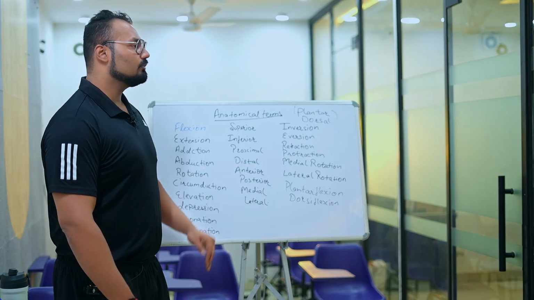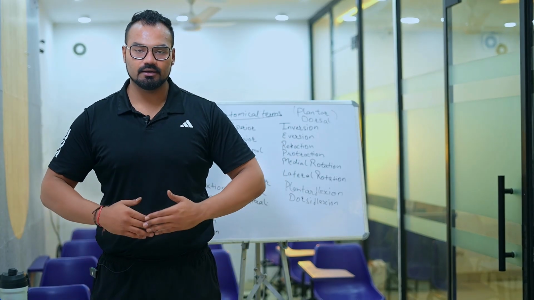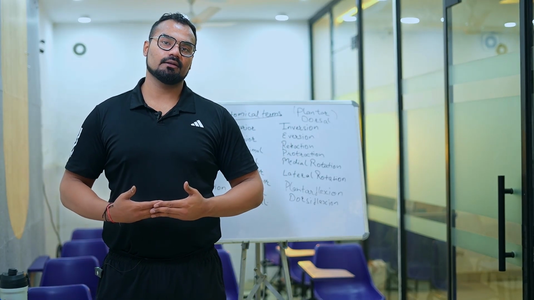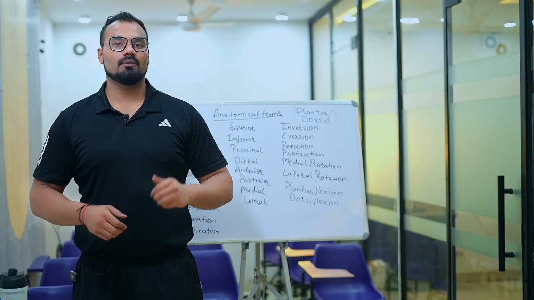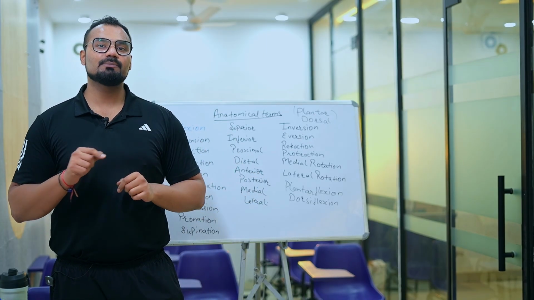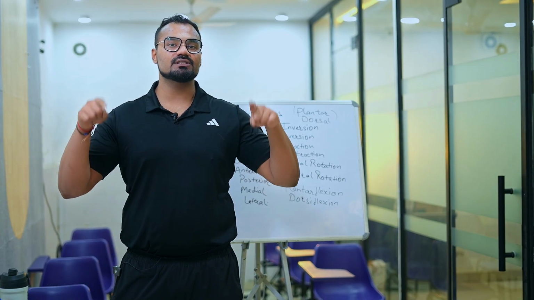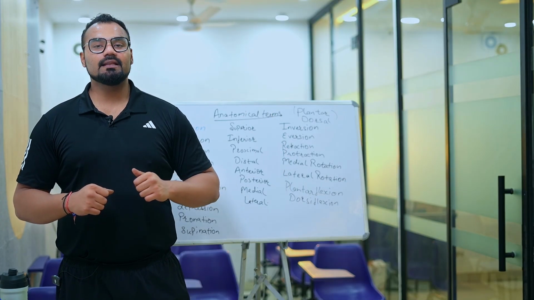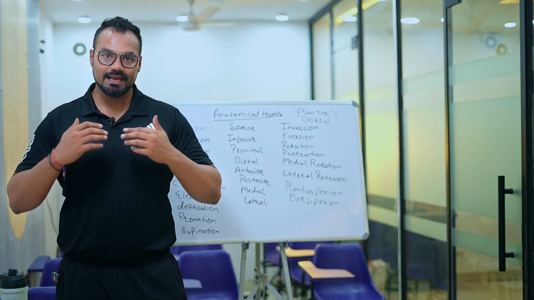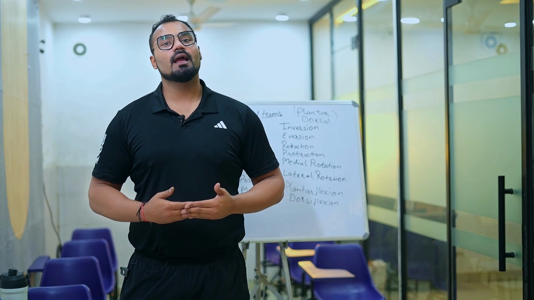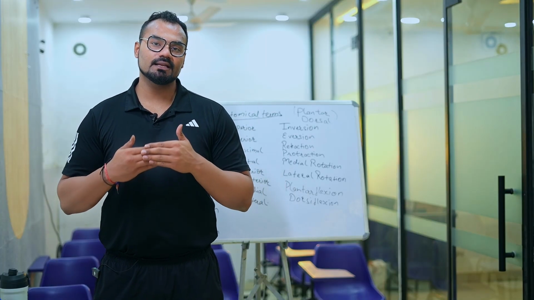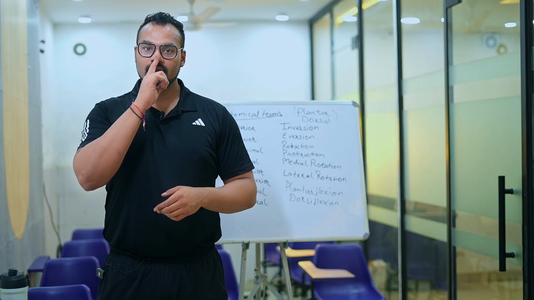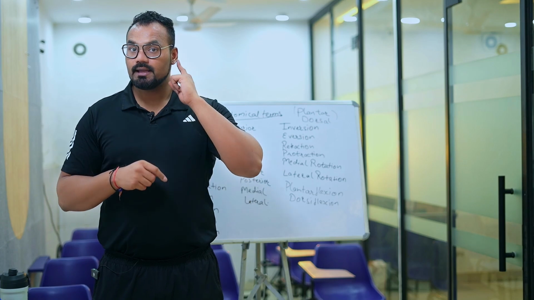Now, anterior and posterior. Anything in front is anterior. A means anterior, and posterior means P, anything at your back. So if I give you an example, my nose is anterior to my ear.